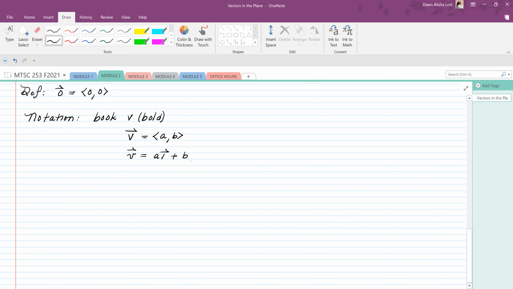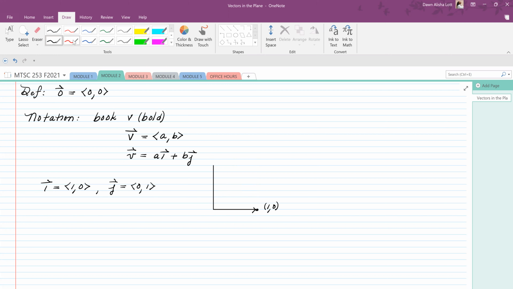And what in the world does that mean? Well, I is the vector 1, 0, and J is the vector 0, 1. So that is exactly what you see here. So of length 1, this is the vector I. So this is the point 1, 0.